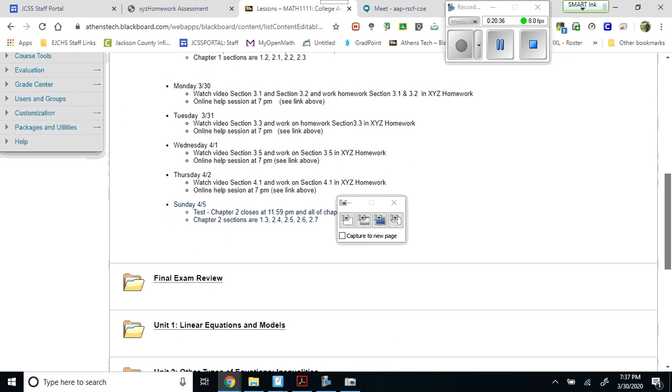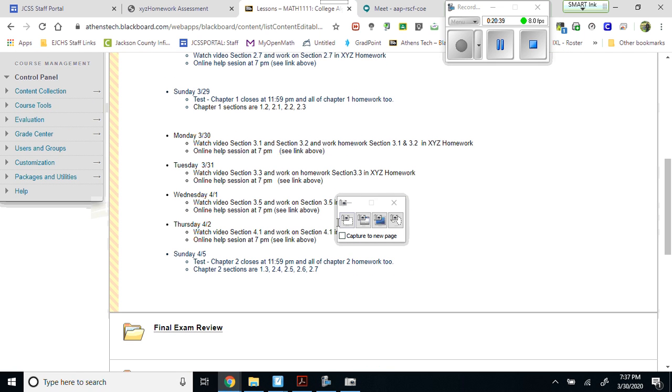This is what you need to have done before we talk tomorrow. Just 3-3. And 3-3 is not that bad, but you need to watch it. So you need to get 3-1, 3-2 done and start the 3-3. So tomorrow night, when we talk about 3-3, then you're looking good. And we'll do 3-5 on Wednesday, and then 4-1 on Thursday, and then you have a chapter 2 test that closes on Sunday.